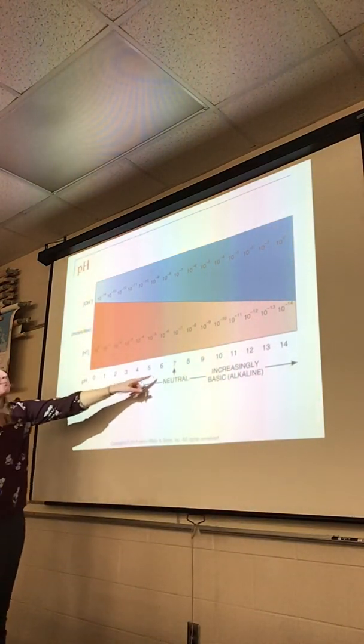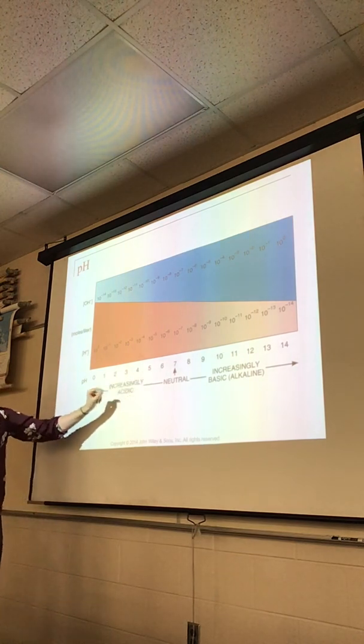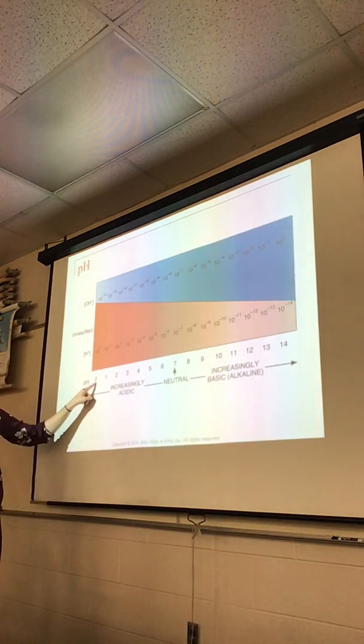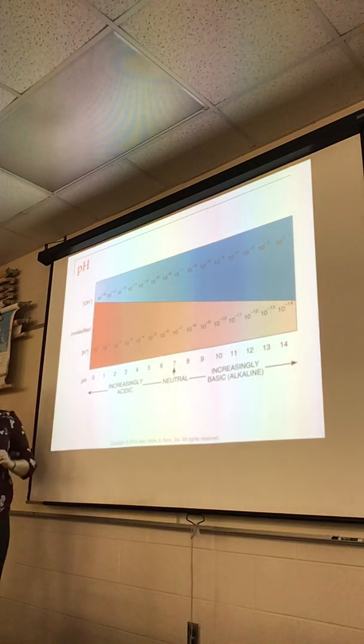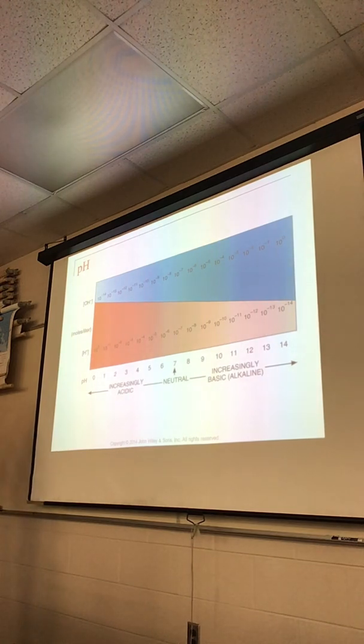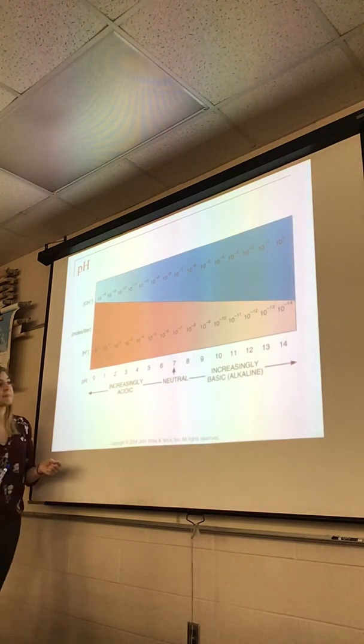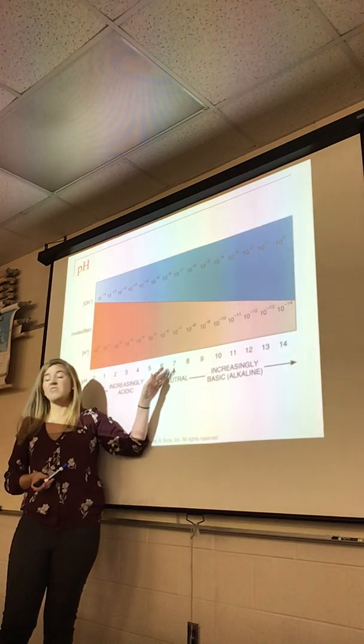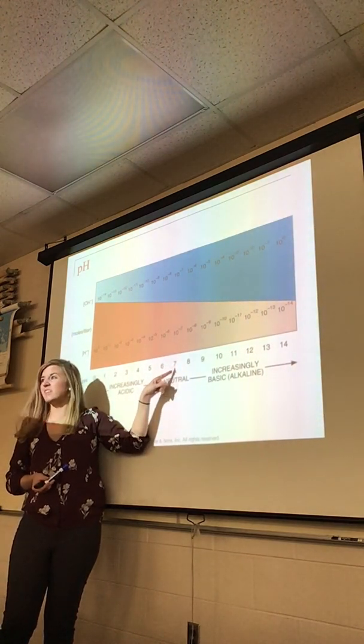But anything below 7 is acidic. The closer it is to 0, the more acidic it is. So if you have something with a pH of 0, it is going to be a very strong acid. It is going to burn you, okay? 7 is neutral. If you get water in a glass and drink it right now, it's probably going to be around 7.